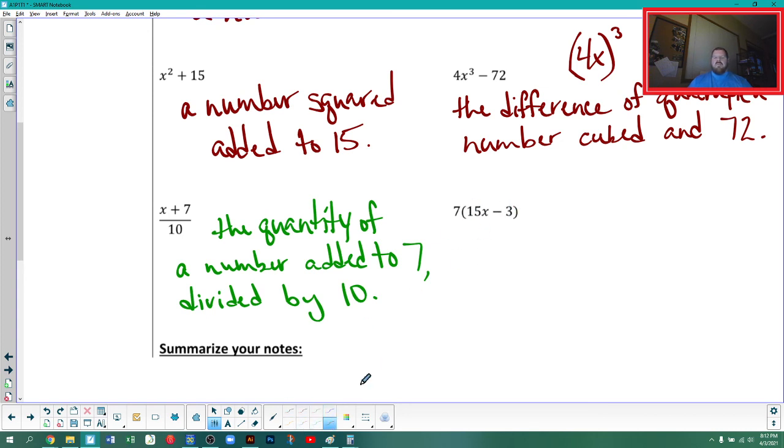All right, next one, or last one, I guess. That's exciting. I've got a set of parentheses that I got to cue in, but I also have multiplication here, and I have subtraction here. So I've got to bring all those things into play. And so maybe say the product of, to talk about this outside multiplication.